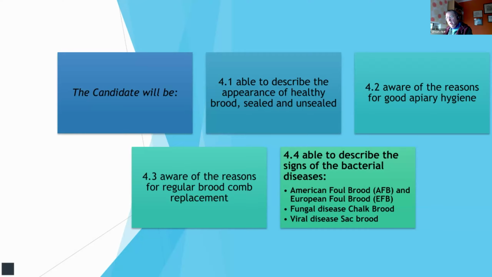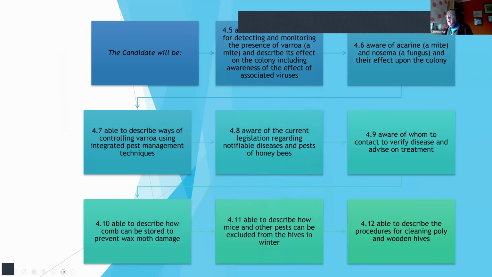Okay, so then we're talking about the foul brood diseases, but also some more simple and less dramatic diseases like chalk brood, like sac brood. We'll also talk about Varroa, okay, and how we detect it, acarine and nosema, which actually aren't that common nowadays, particularly acarine.